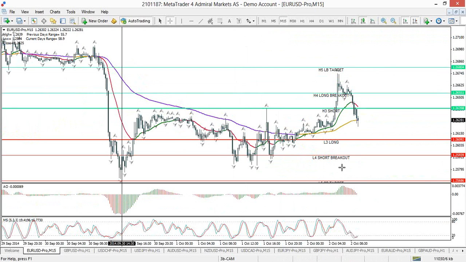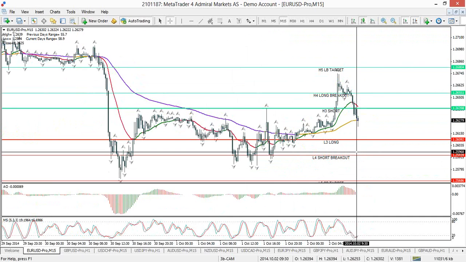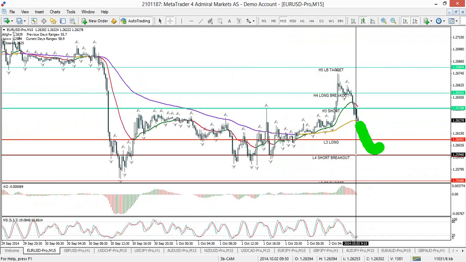So for the euro dollar breakout, we're looking for price to get into that L3, L4 zone and break below it. Now, the thing is that because it already made a pretty decent sprint to the downside here, notice the difference I will have when treating price when it reaches L3, L4.